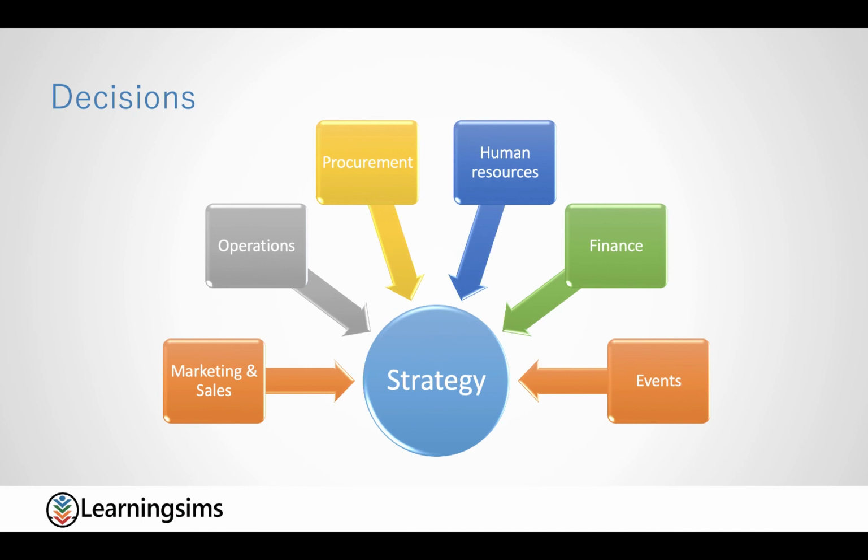On procurement, you're deciding from who you're buying at what price and at what volumes as well. Human resources, you are responsible for hiring and dismissal, salaries and training as well. In finance, you can make payment terms, you can get loans, and you can raise or retire equity. You may also have to decide on other external events that may come up within the simulation.